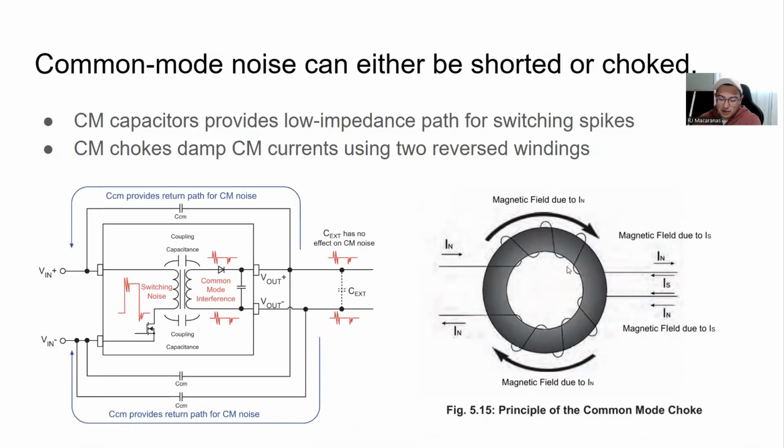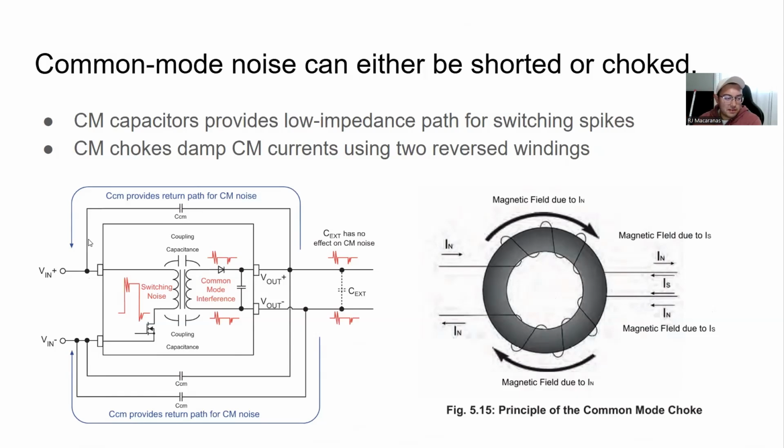The idea with this common mode choke is that we've got two conductors wound in opposing directions. The magnetic field works such that common mode currents flowing through the structure will be dampened out, whereas the differential mode currents will just pass through without saturating the core.